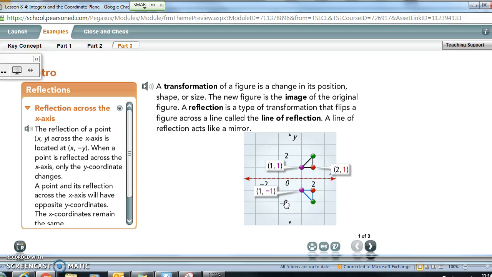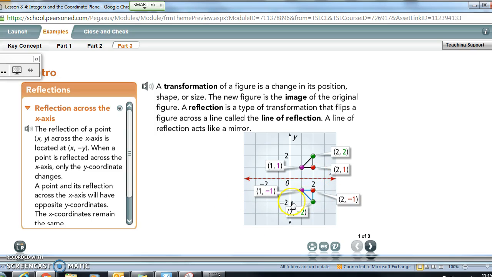The coordinates of the original figure are 2, 1. The coordinates of the image are 2, negative 1. The coordinates of the original figure are 2, 2. The coordinates of the image are 2, negative 2.